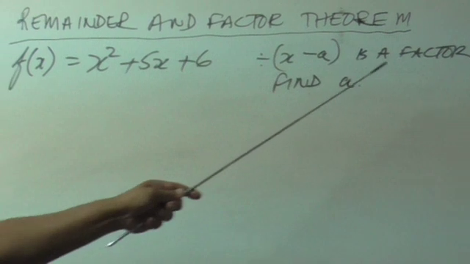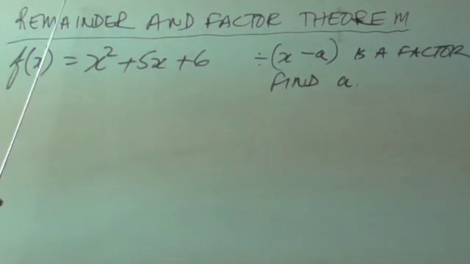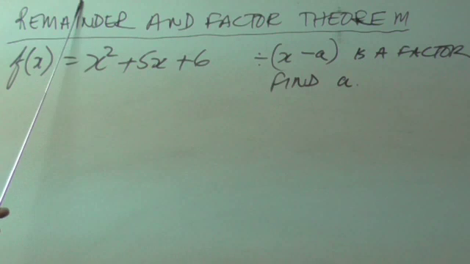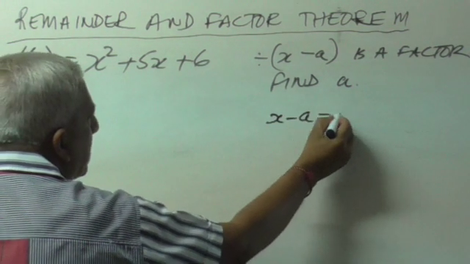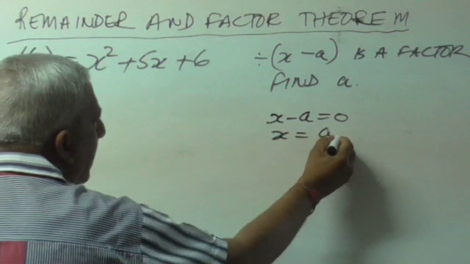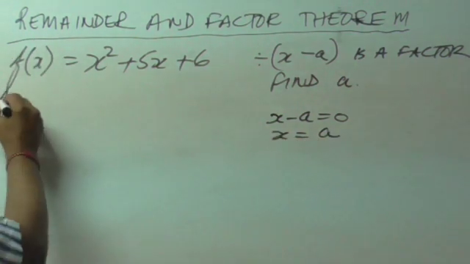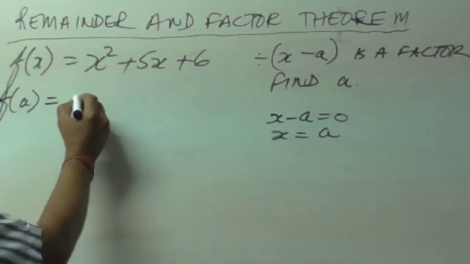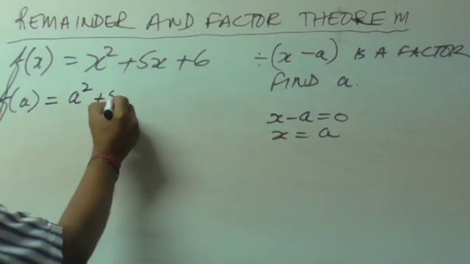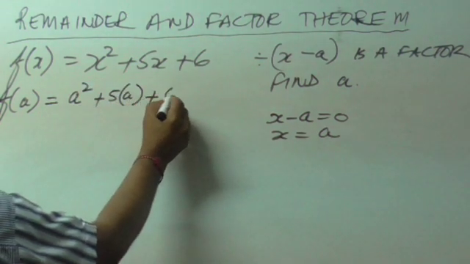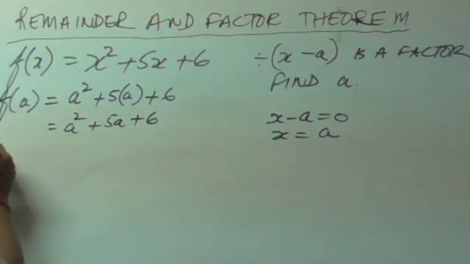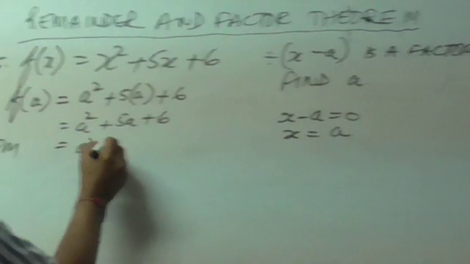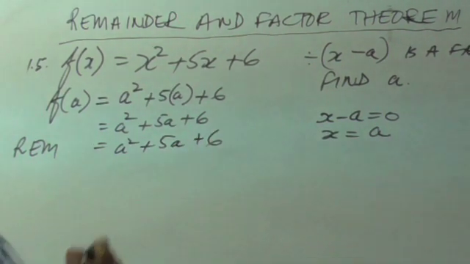Whether they're talking about remainder or whether they're talking about factor, the first step is always the same. x minus a is equal to 0, x is equal to a. Put this a wherever x is. So f of a is equal to a squared plus 5 into a plus 6, which is actually a squared plus 5a plus 6. So we are saying the remainder is equal to a squared plus 5a plus 6.